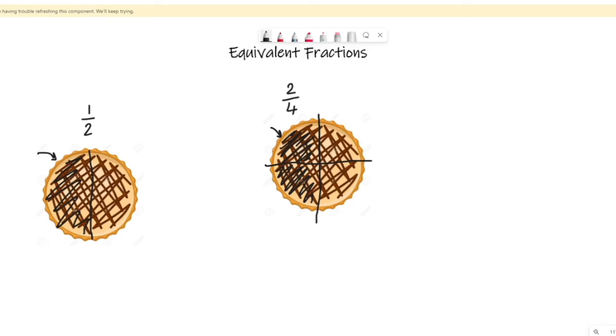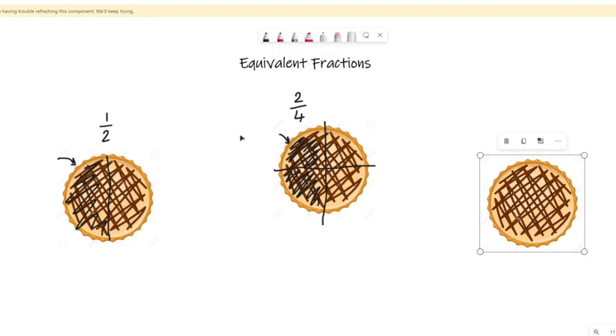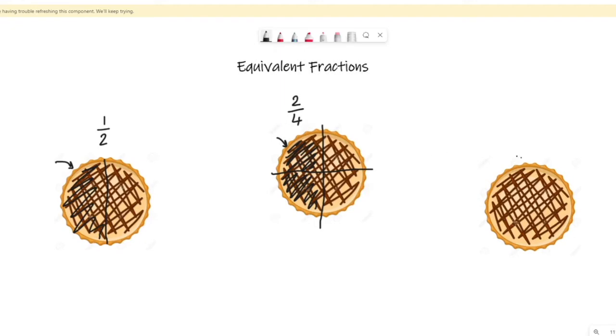Okay, let's have this cake again, and let's divide it this time into 8 equal parts. Two, 4, and 8. And again I said I want to eat an equal amount of cake.